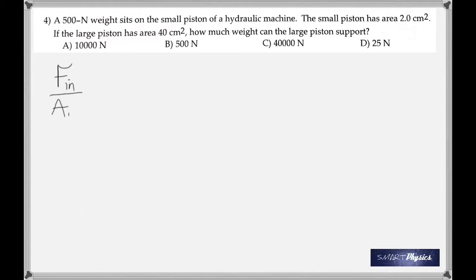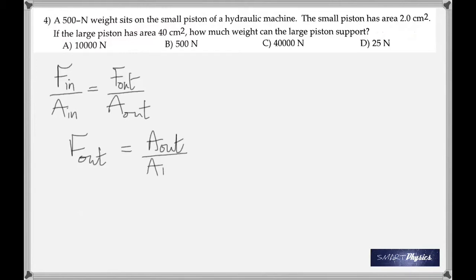Okay, F in by A in is equal to F out by A out, because the pressures on both sides should be equal. Why? Since a liquid transmits pressure equally in all directions. Pascal's principle. Therefore, make F out the subject.